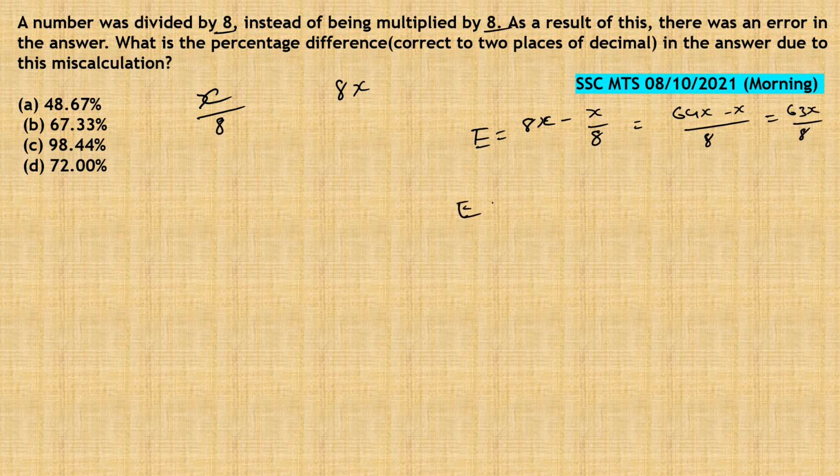And what is the error percentage? Error percentage is the error divided by the original number, the correct value. That is, the correct value is 8x into 100. X gets cancelled. We will get 63 by 64 into 100.